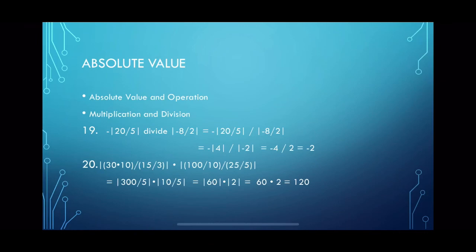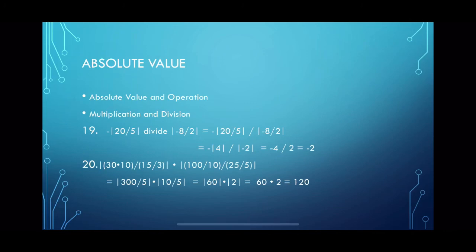So for 30 multiplied by 10, we have 300. And for 15 divided by 3, we have 5. So therefore, we have the absolute value of 300 over 5.